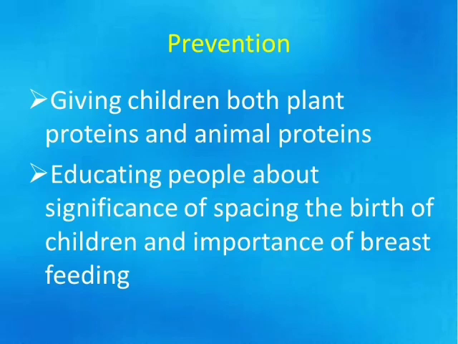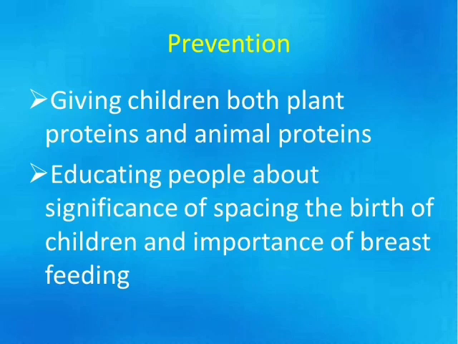So marasmus can be controlled by giving the child a diet rich in both animal proteins and plant proteins. So the diet should have a combination of wheat, gram, peanuts, soybean, as well as animal proteins like mutton, chicken and fish, from which they will get enough proteins.